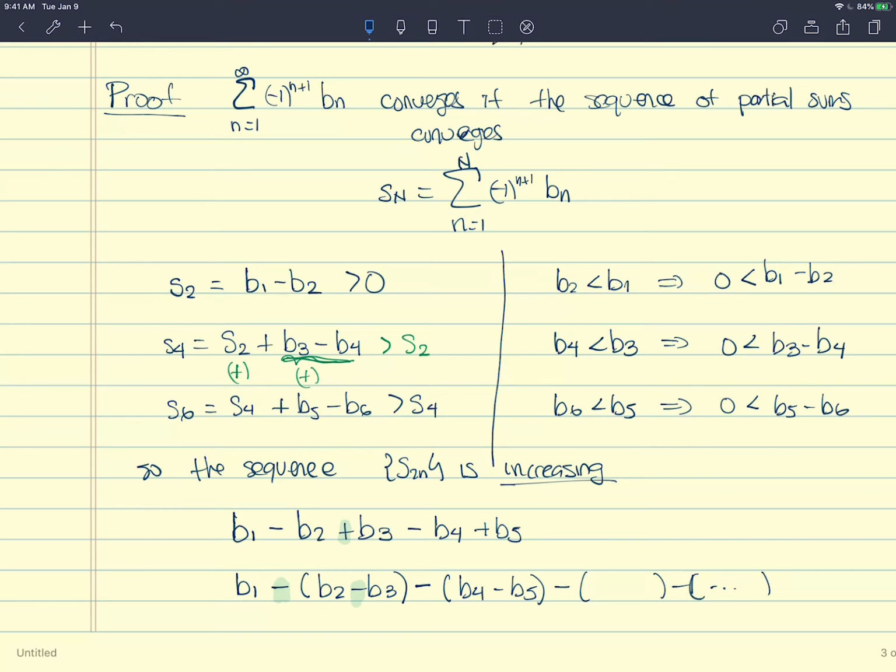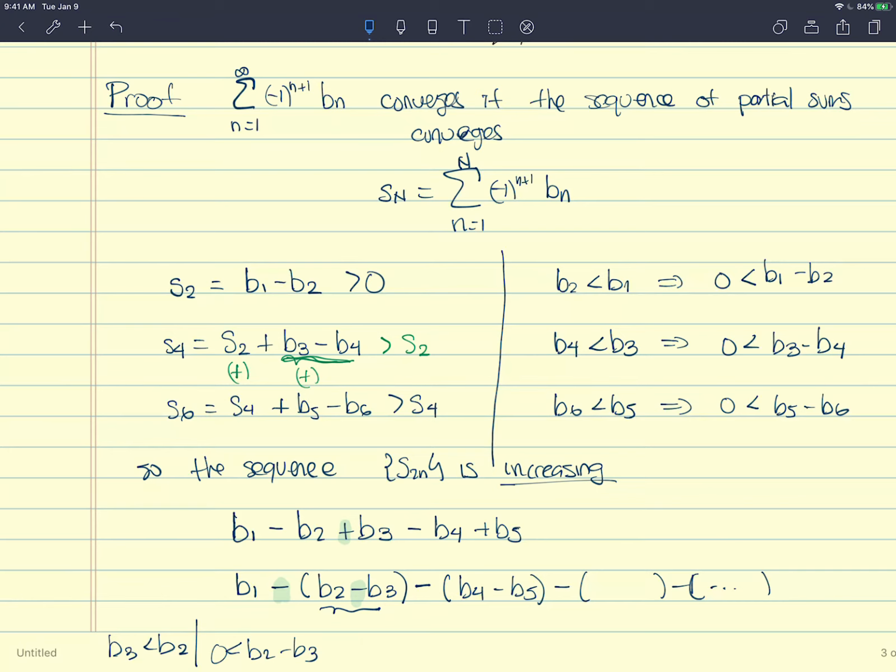Now look at this, B2 minus B3. I'm going to write it over here. B3 is less than B2, so we have that B2 minus B3 is positive, again, right? B3 is smaller than B2.